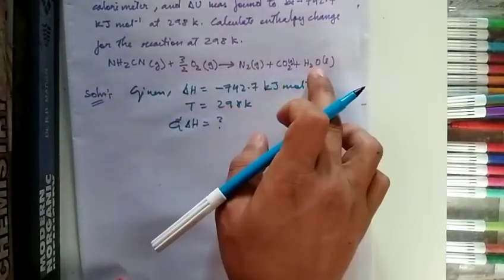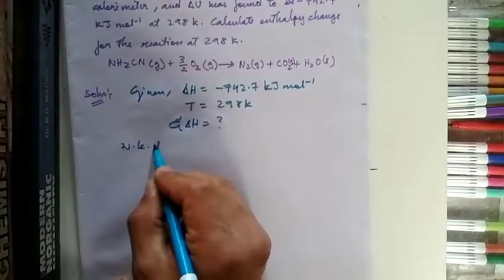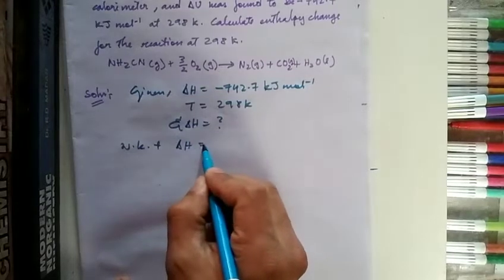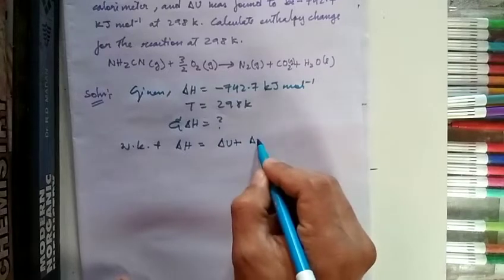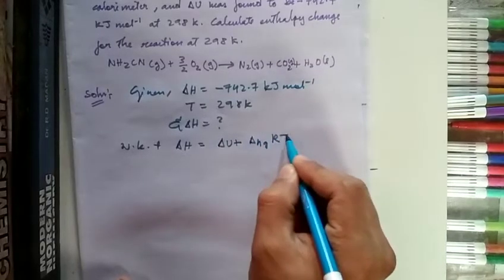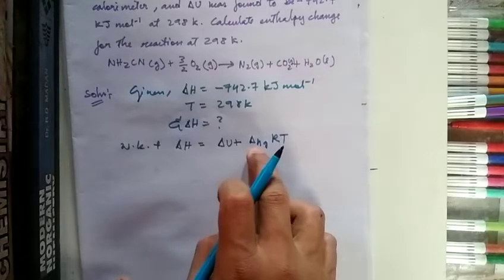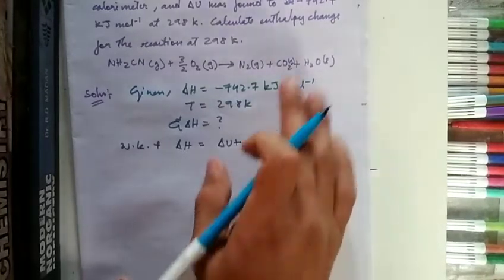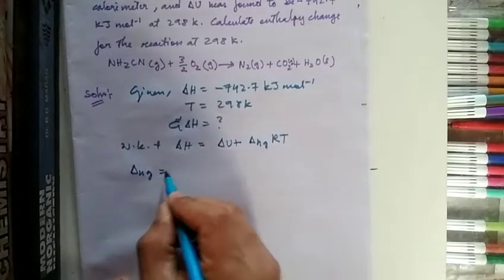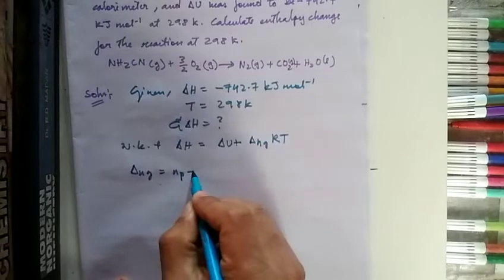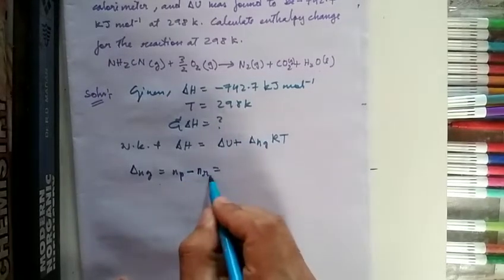Before going to this reaction, we know that delta H is equal to delta U plus delta Ng RT. Now we have to find the change in the number of moles between the reactants and product. So delta Ng, this means product, this means reactants.